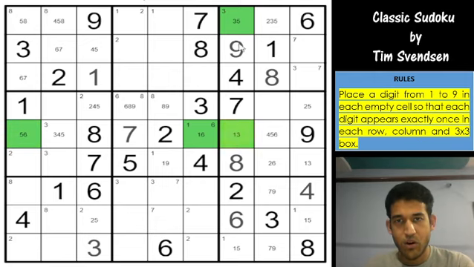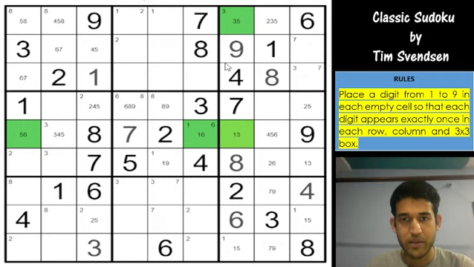So all these cells which form part of the XY chain will have bi-value candidates, and they will be forming combinations of some digits out of the candidates which are in play. So if you look at these 4 cells, all these 4 cells taken together contain only 1 3 5 and 6, right? 3 5, 1 3, 1 6 and 5 6.